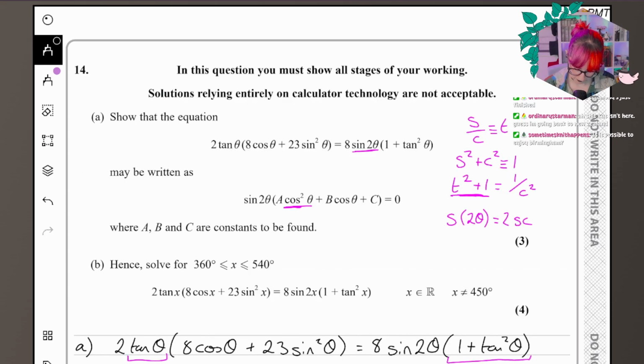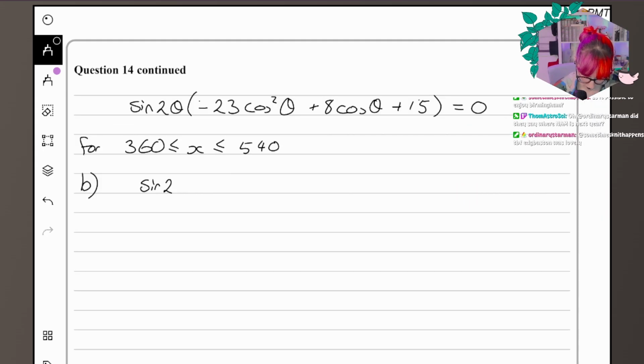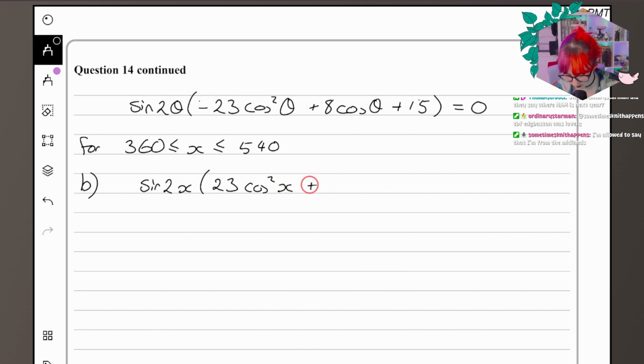I'm going to check, because I'm absolutely not sure. Right, it is the same, so we can do it. So we solve for x. I'm going to swap all the signs because I can, because it'll make our lives easier: 23 cos squared x plus 8 cos x plus 15 equals 0.